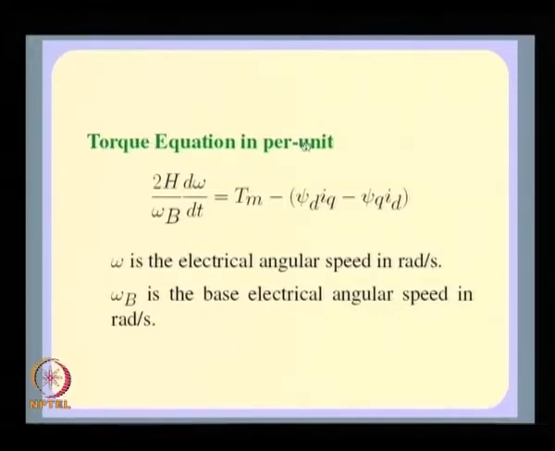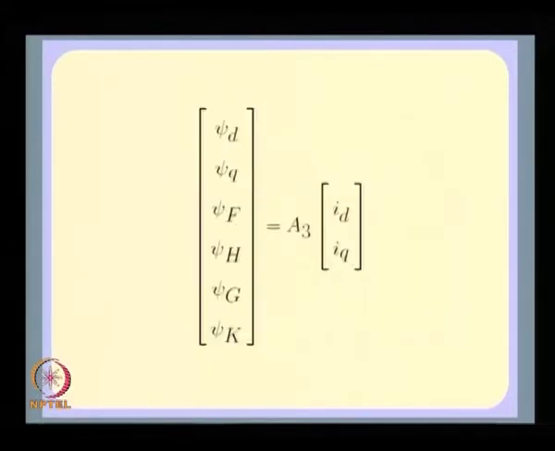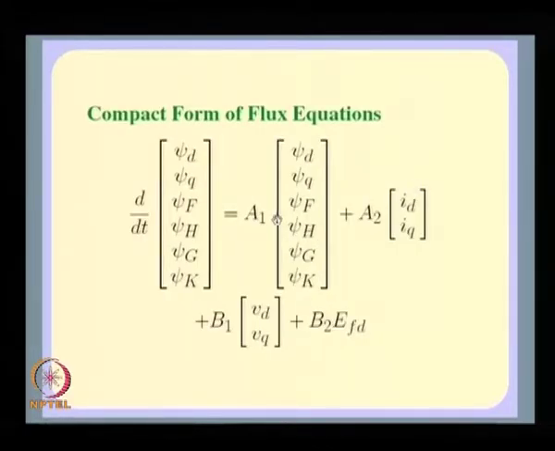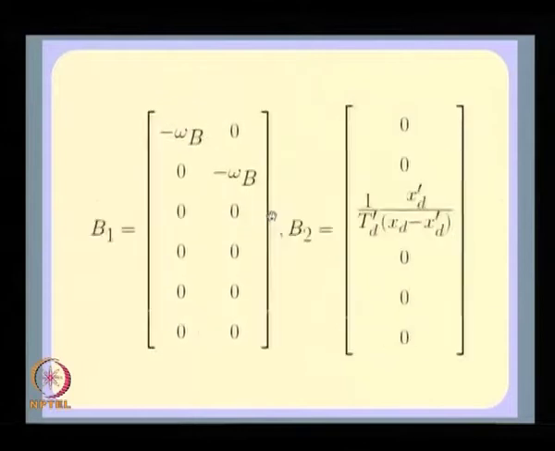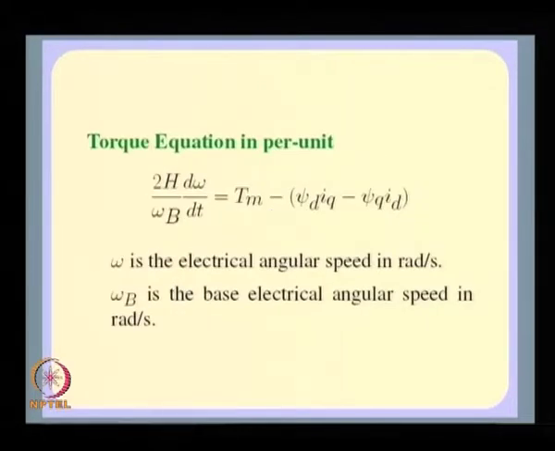If you look at it in per unit, this also involves speed product terms. Okay. So, if you look at the basic compact equations of a synchronous machine, this is a product kind of term. A 1 is a function of the states, and also the torque equation in per unit is a nonlinear equation.